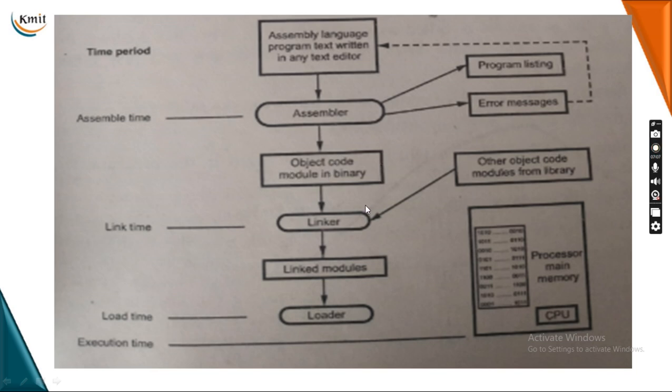Now what the linker does is link the other object code modules from the library and produce linked modules. Then these linked modules are checked by the locator, and the loader is nothing but your debugger.